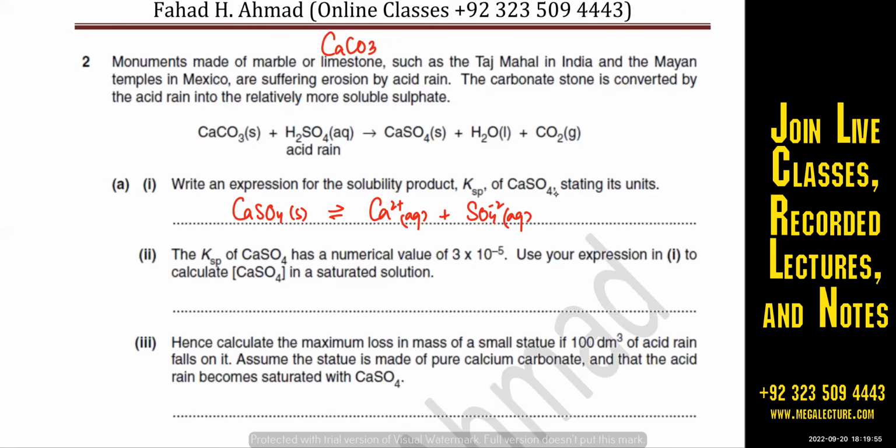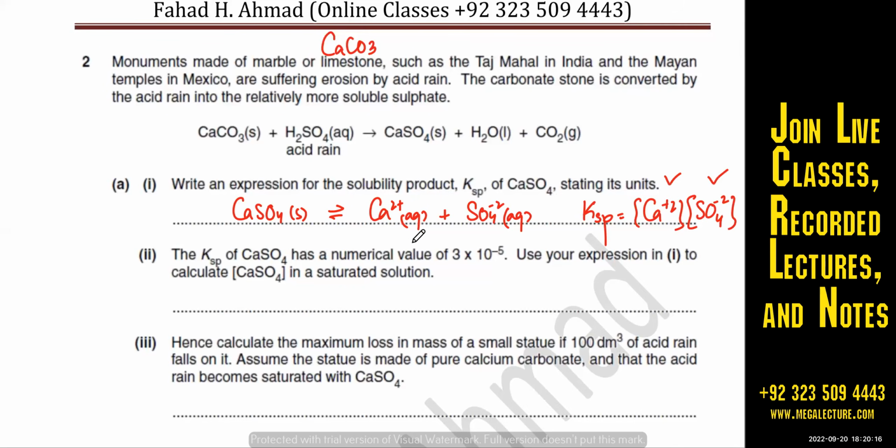So your Ksp expression will be the calcium ion concentration times the SO4 2- ion concentration, right? So that's the Ksp expression.